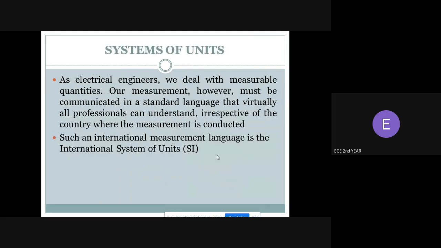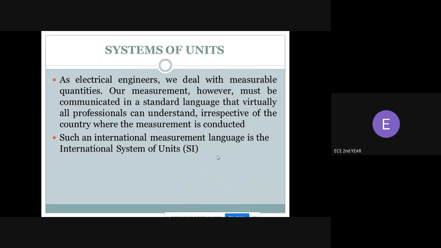Before we discuss the electrical circuit, we first need to know the fundamentals of systems of units. We have different types of units. Before we study the electrical network, you need to know the importance of units, what the SI units are.